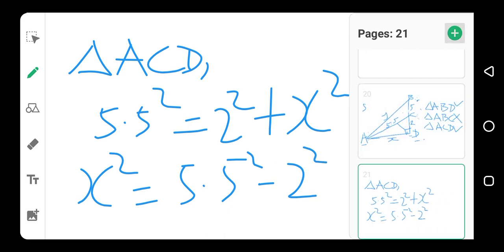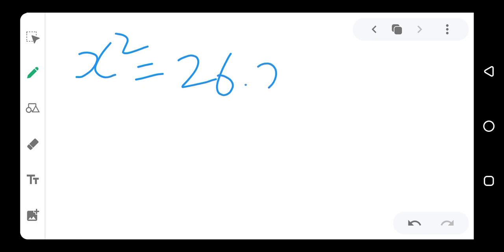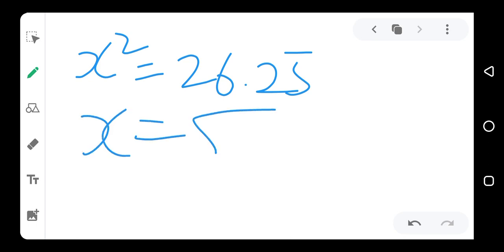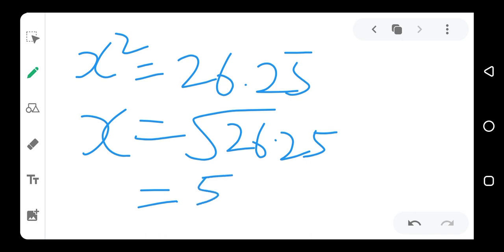And this is going to give us x squared is equal to 26.25, and that means x is equal to root 26.25, which is equal to 5.1.